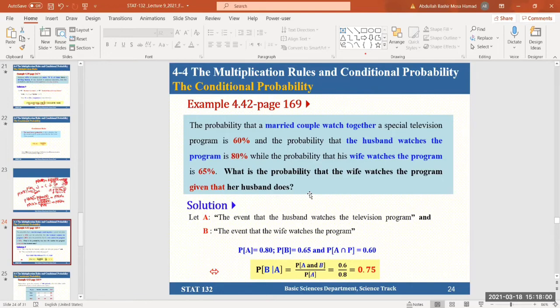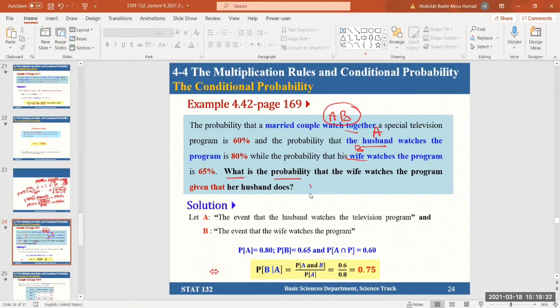First, how to write the question. If we write the question correctly, then we are done. Okay, let the husband be denoted by A, the wife by B. Both together means A and B, the intersection. Now we have P of A, P of B, P of A and B. The question is what probability?